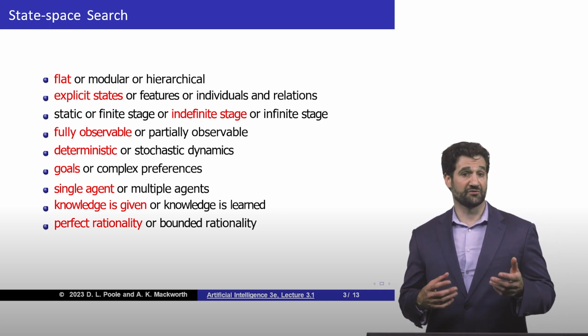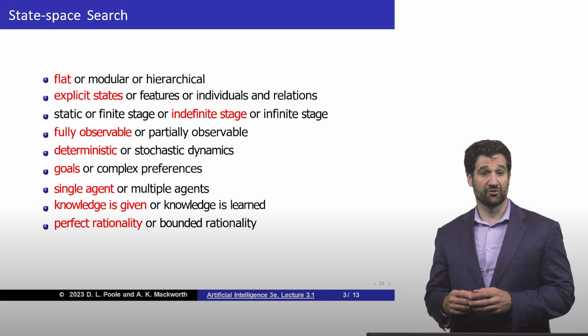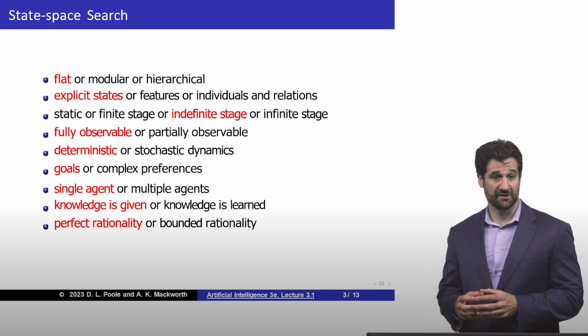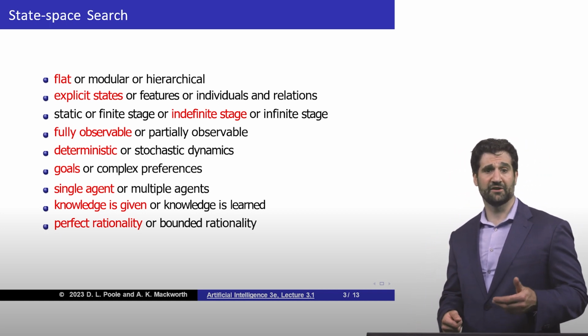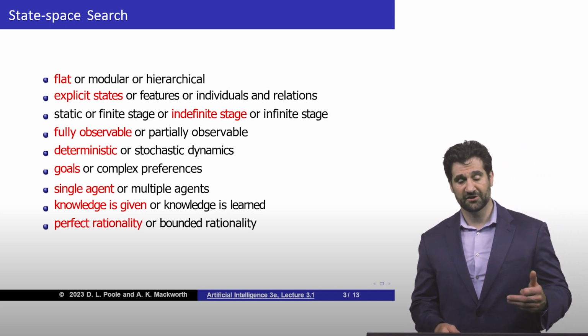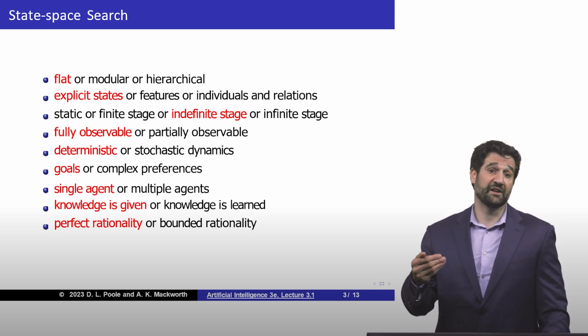And we're assuming this is fully deterministic and observable, and there are clear goals that the agent needs to obtain. We're also assuming things like perfect rationality and that we have all the knowledge. And to keep things simple, in these scenarios, we're considering a single agent.